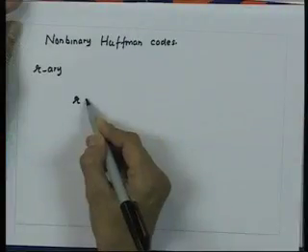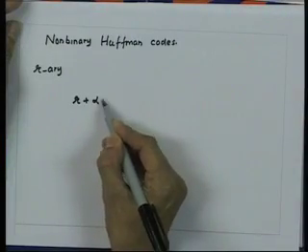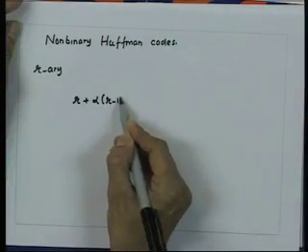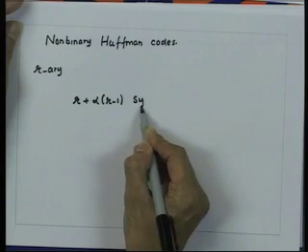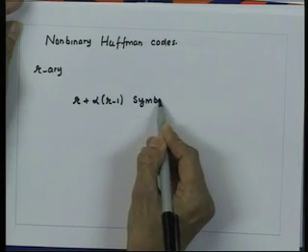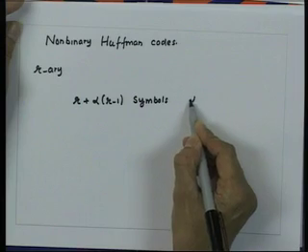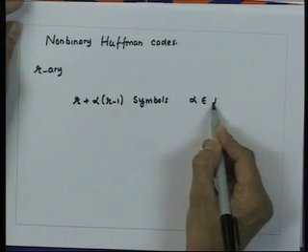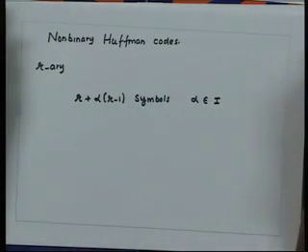The last source will have exactly R symbols if and only if the original source has R plus alpha (R minus 1) symbols, where alpha is a positive integer.